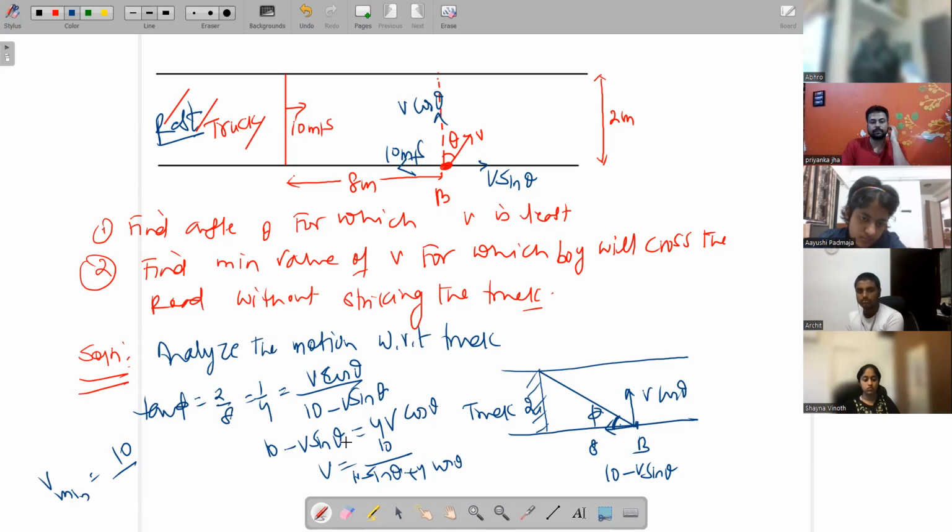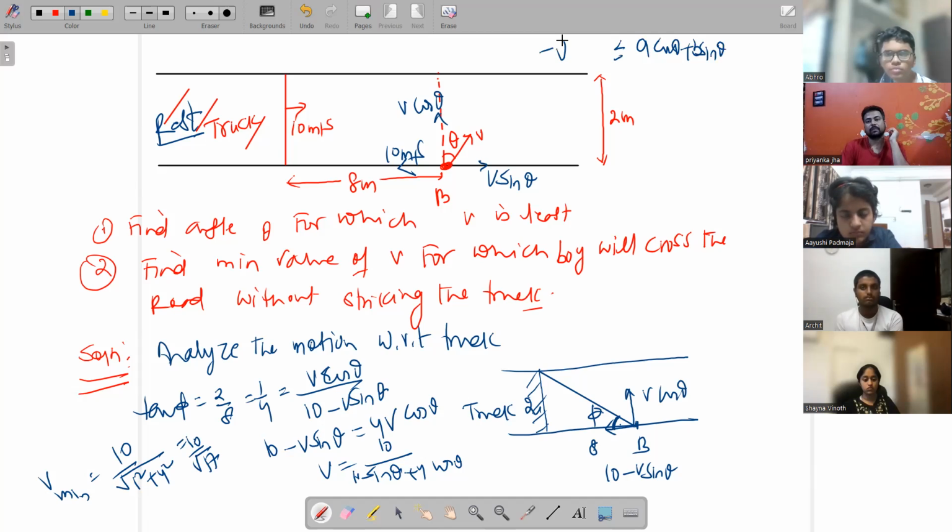Under root 1 square plus 4 square, that is under root 17. So V minimum is 10 upon under root 17. That we have already learned in trigonometry, like A cos theta plus B sin theta. What is the range of this? This is from here to here, right? So this is the minimum speed.